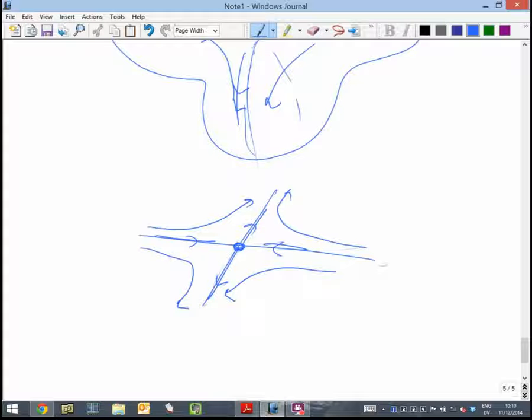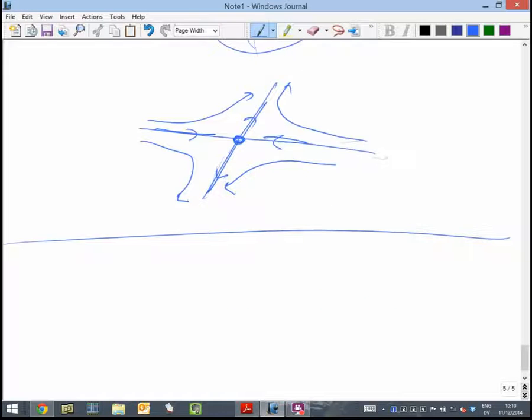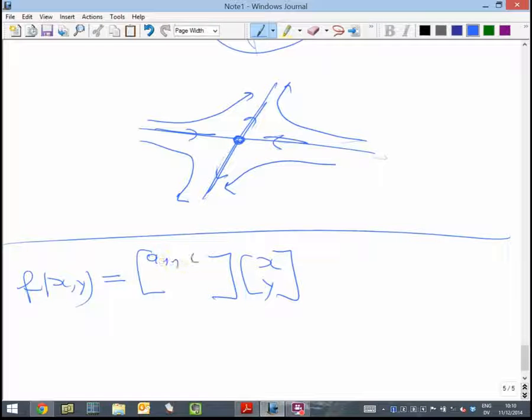Okay, so this is the plan. Let's follow through on that plan. Let's have a look at the linear system first. So linear system, f of x, y. If it's a linear system, we're going to write this down also in a matrix notation. So let's call this the following matrix here.